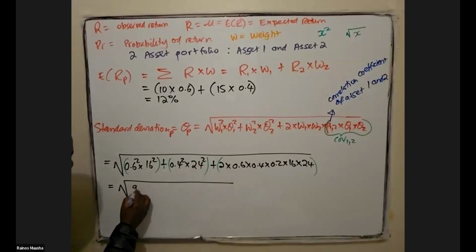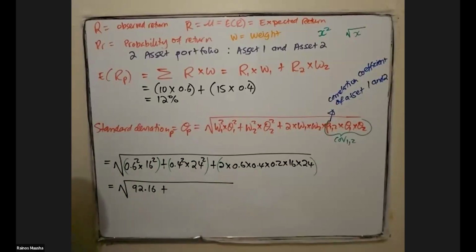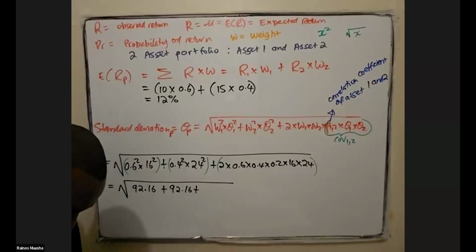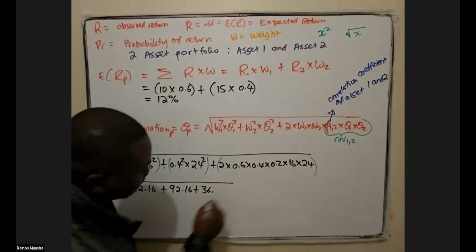You should be able to get 92.16 plus 92.16 plus 36.864.